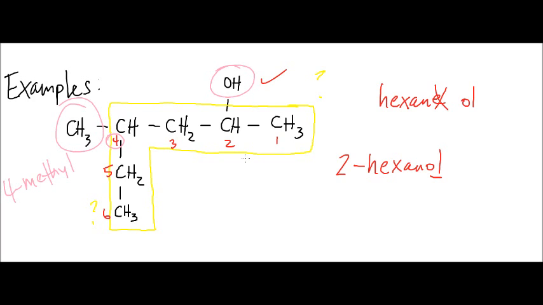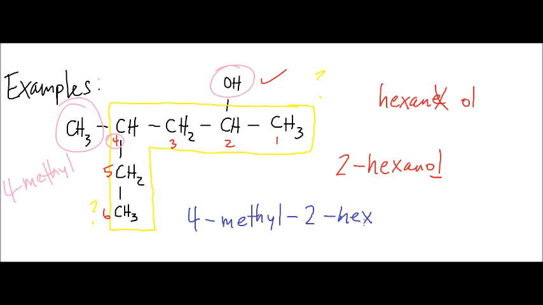Now we're going to put this whole name together. We're going to name this a 4-methyl, and bring this part in. But we don't just write the 2. Remember, we use dashes to separate numbers and letters, and when we're separating numbers from other numbers, if there's more than one branch, we'll use commas. But here we're only going to use dashes because we're always separating a number from a letter or a letter from a number.